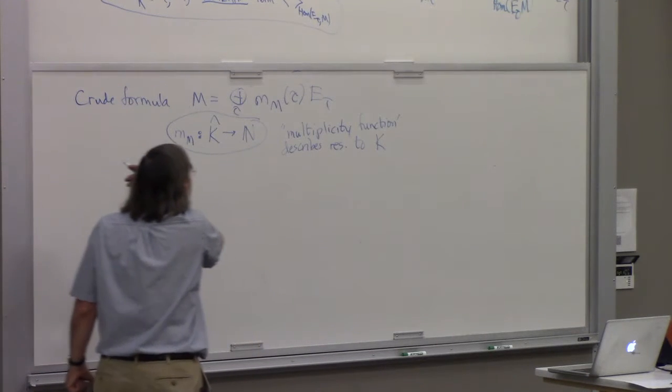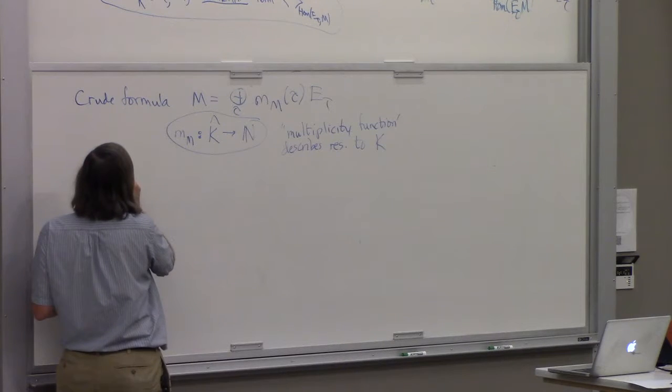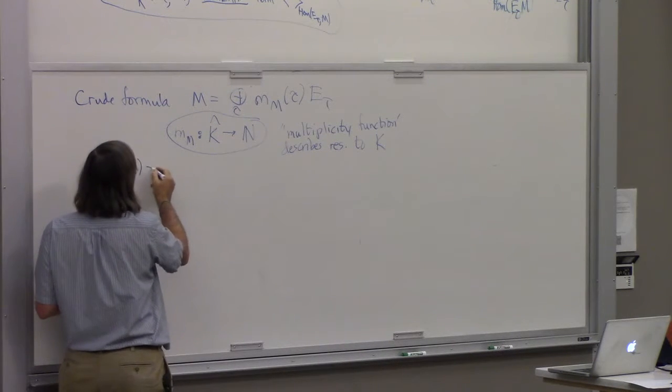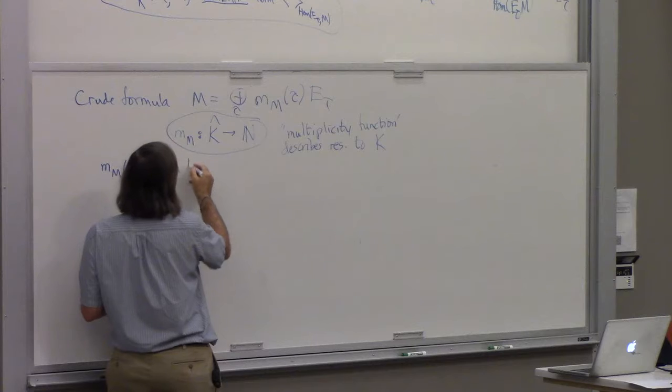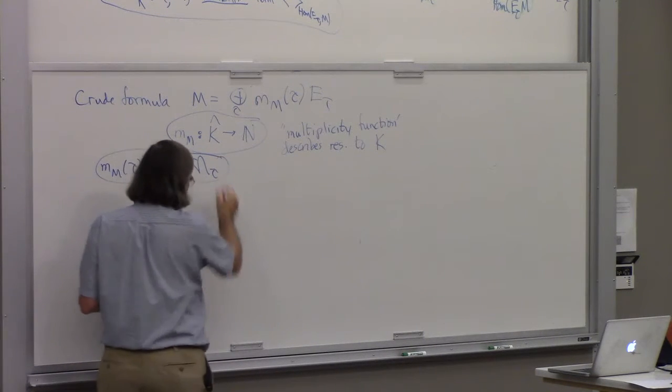Now, what happens? Well, this M sub M of tau is the dimension of this nice space M tau. That's good.